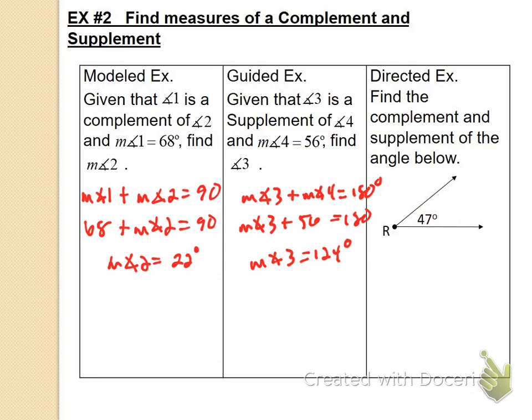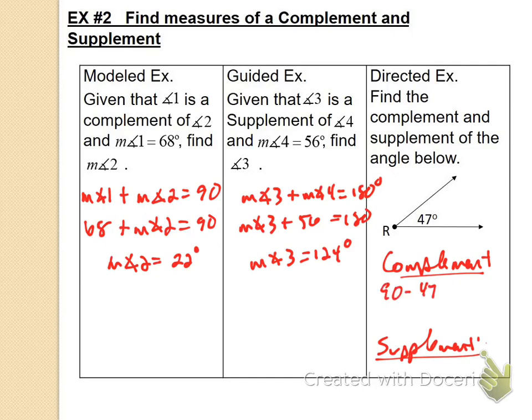Piece of cake. Last example here, go ahead and find a complement and a supplement to the angle given, right? A complement and a supplement. Stop the video, see what you can come up with, and start it back up and make sure that you're right. All right.